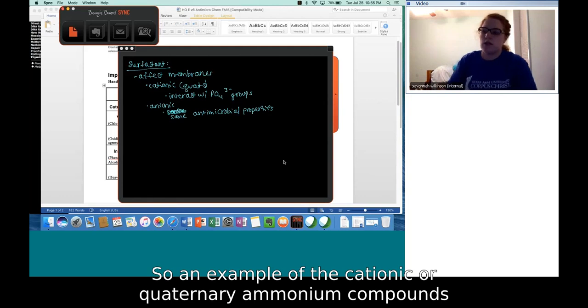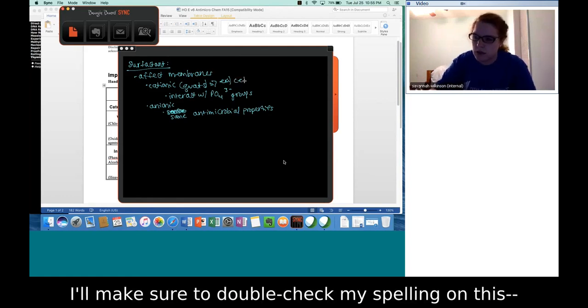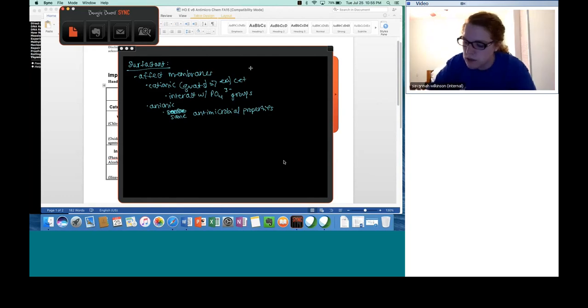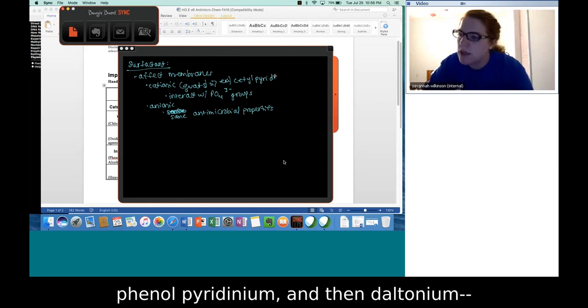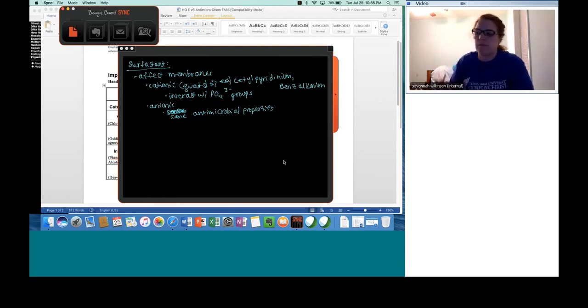An example of the cationic or quaternary ammonium compounds would be, I have to double check my spelling on this, cetylpyridinium and benzalkonium. Okay.